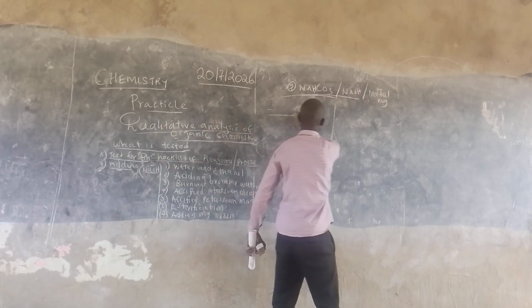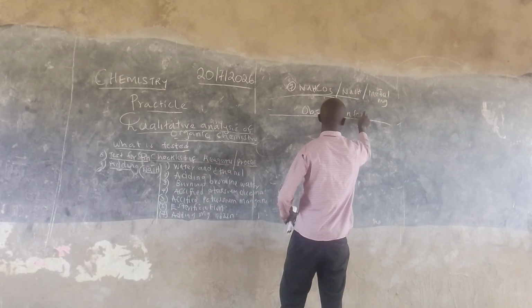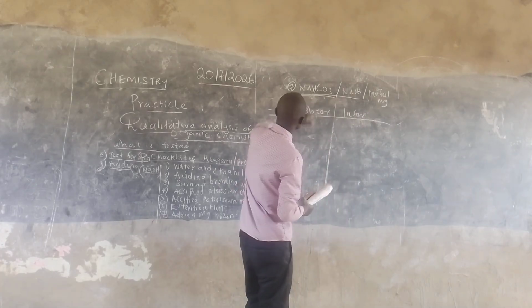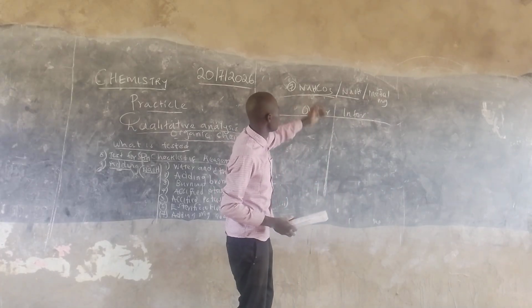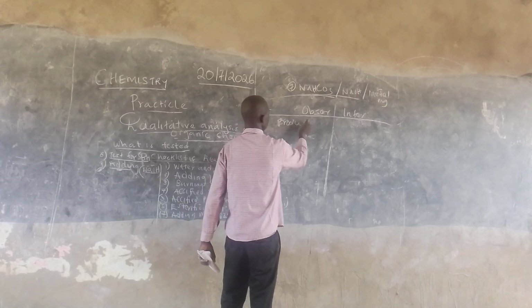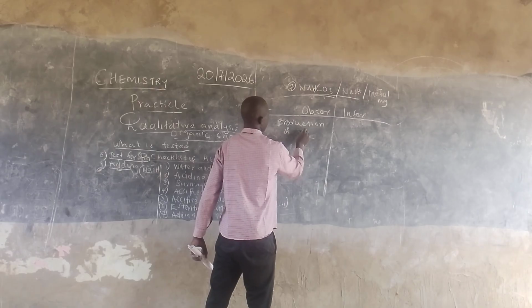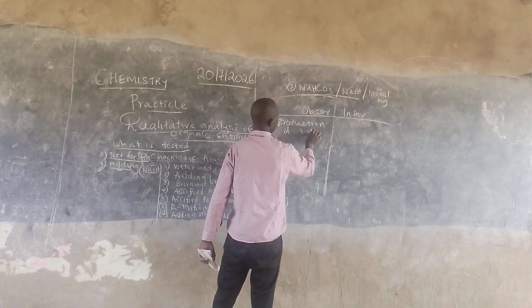So we have the observation and the inference. The only observation we target when we use the three is production of bubbles, production of a gas.